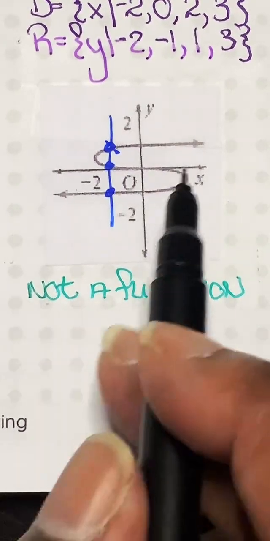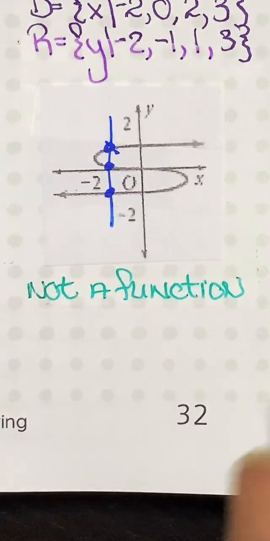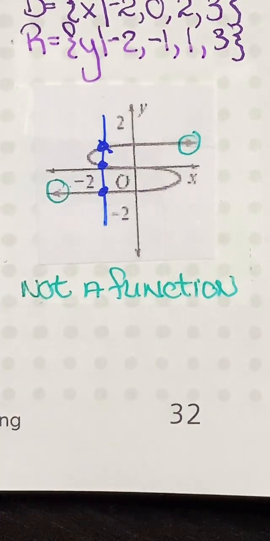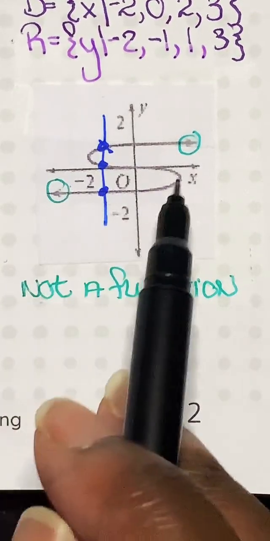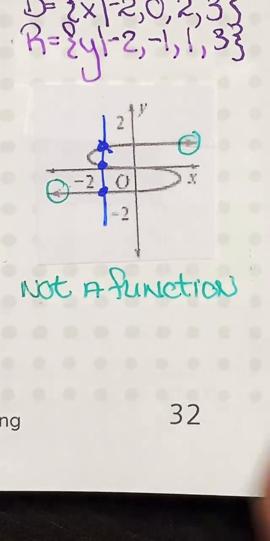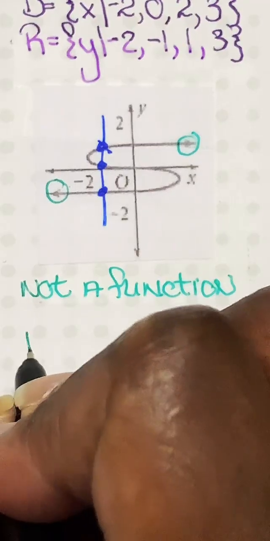So, as we continue on, notice we had some arrowheads. One's going to the left, one's going to the right. So it doesn't matter right now what's happening in the middle. It's basically telling me that all of my x's will be represented.